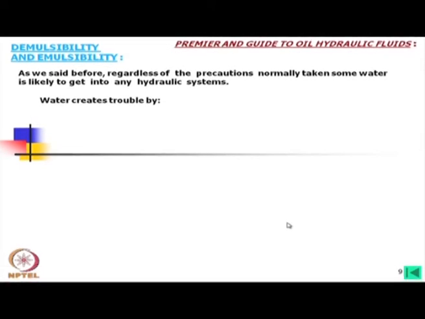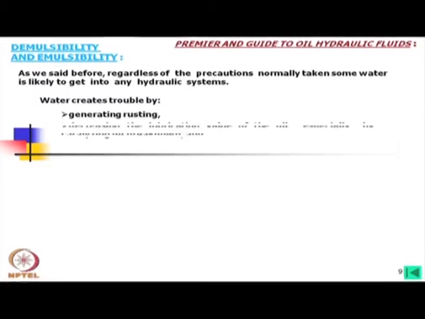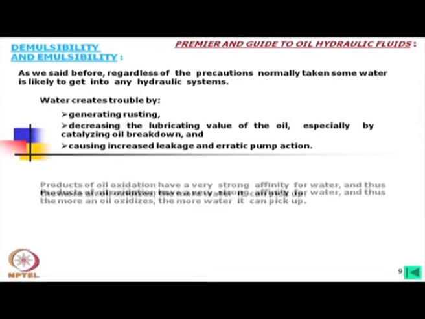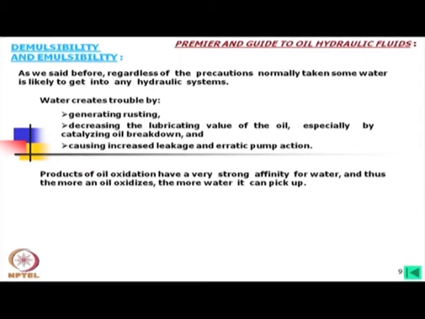Water creates trouble by, first, generating rusting; second, decreasing the lubricating value of the oil, especially by catalyzing oil breakdown; and causing increased leakage and erratic pump action. This, you know, cavitation is one big factor.